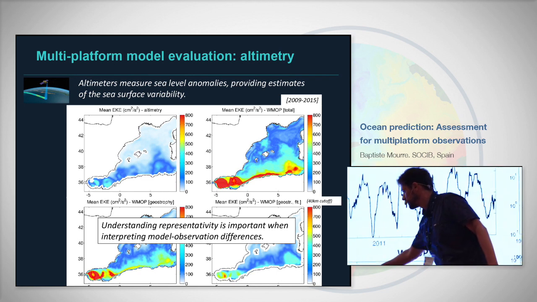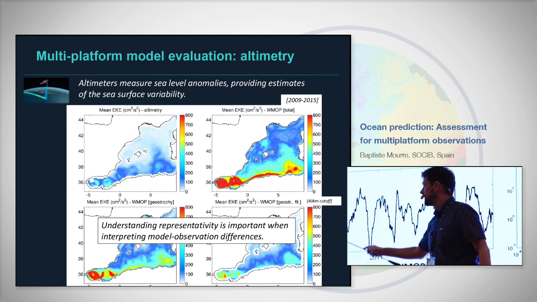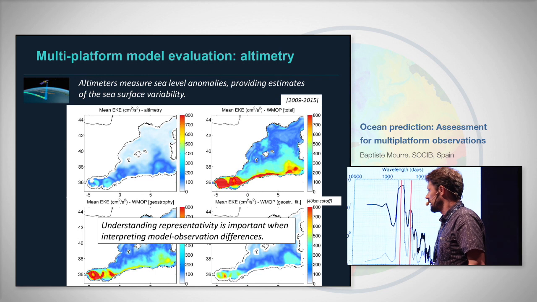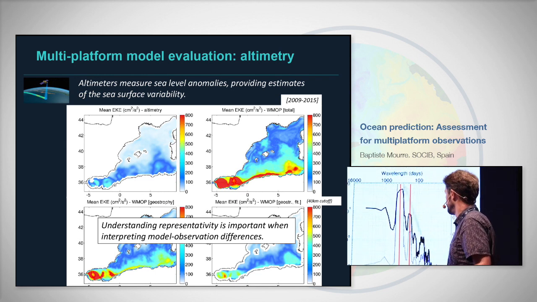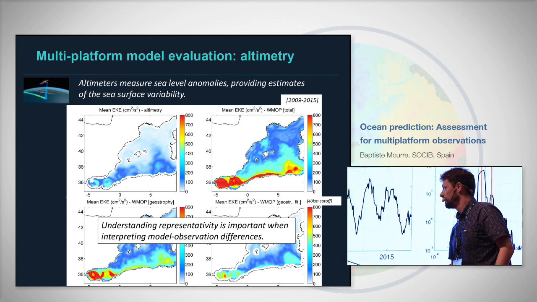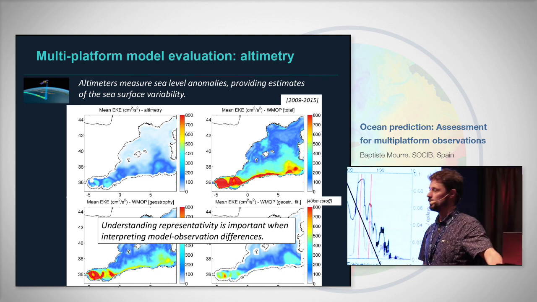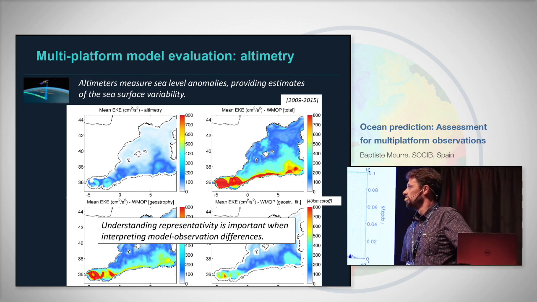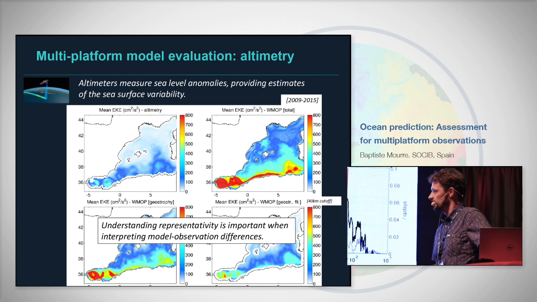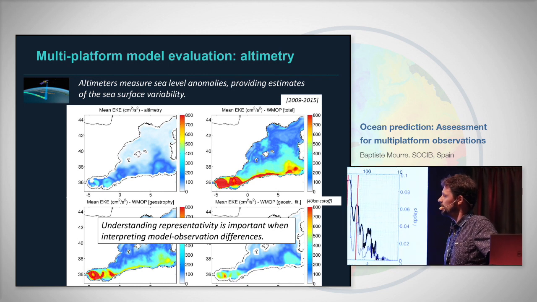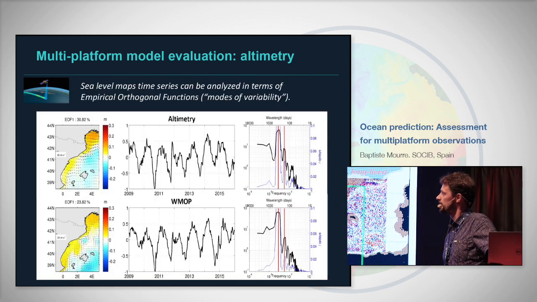Here you have a structure that is present in the model, but not really in the observations. You can check the seasonal cycle if you apply a spectrum to this, or also internal variability in this signal. You have to complete this with other higher EOFs, but this is really a good tool to evaluate if you get the right mode and the right phase of this mode and frequencies.